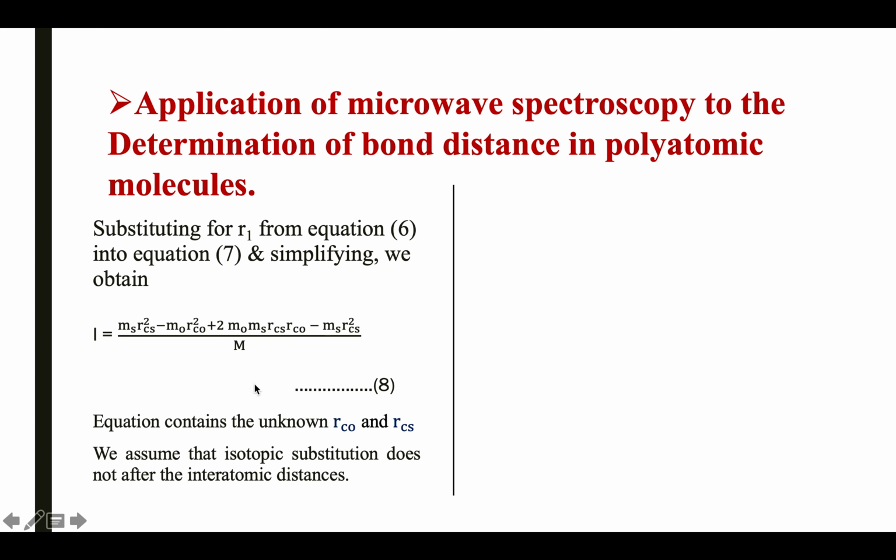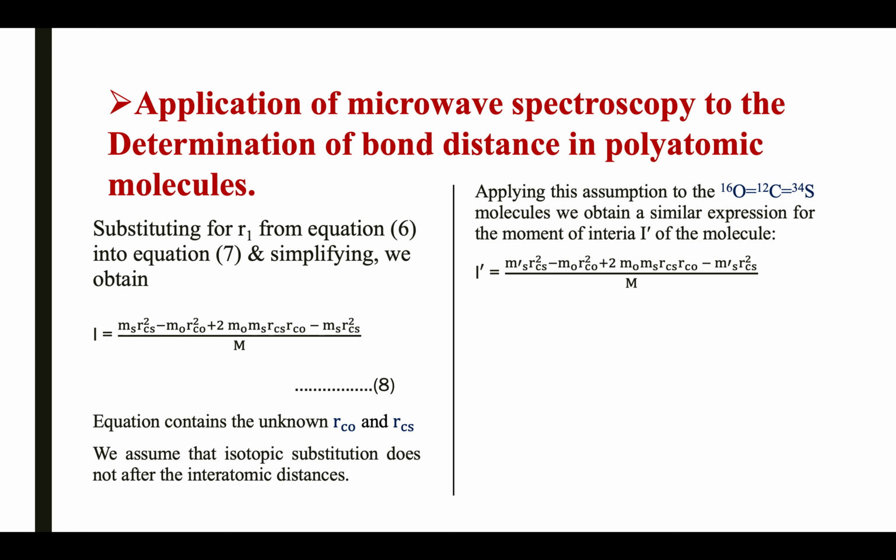So from equation 8 we will get RCO and RCS distance. So only two unknowns are there in this equation. So these two, RCO and RCS, we require one more equation. Now what we'll do, we assume that after isotopic substitution into the molecule, the interatomic distances will not change.